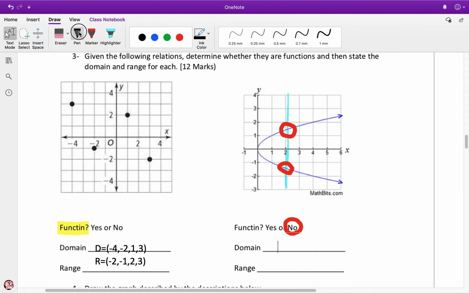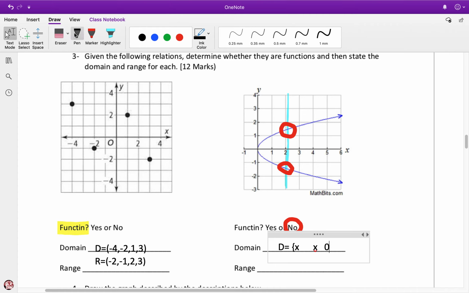Okay, so let's do our domain. Domain equals, now we have a set. So we have a line, so it's going to be the set such that x, and I'm going to put the x in here. If I take a look, my low number is 0. So let's put 0 here. That's only my low number.